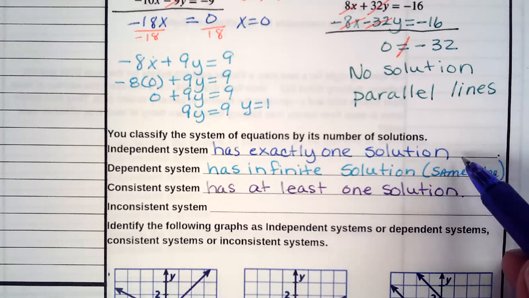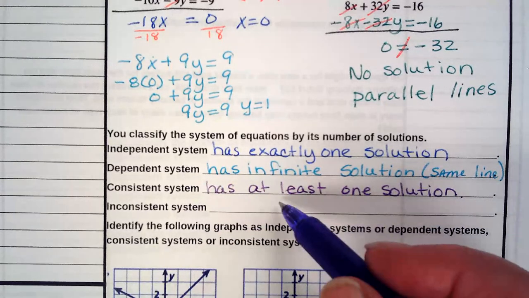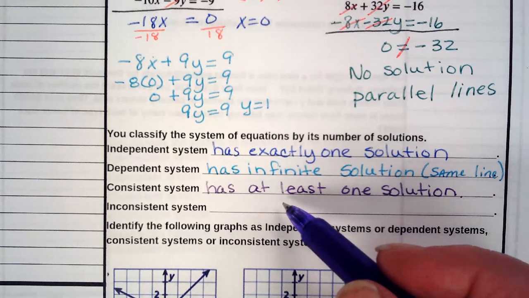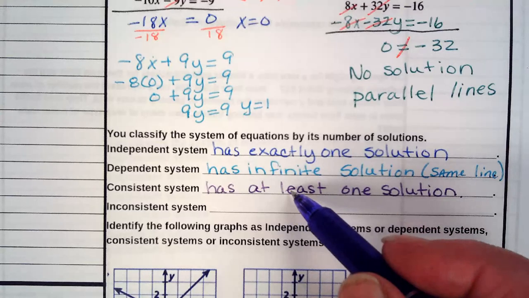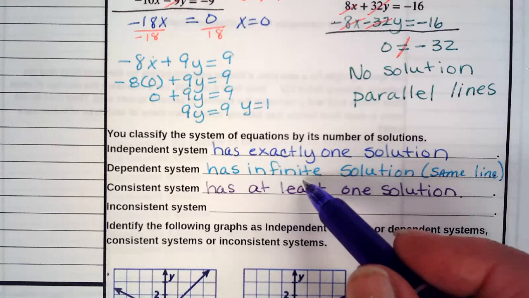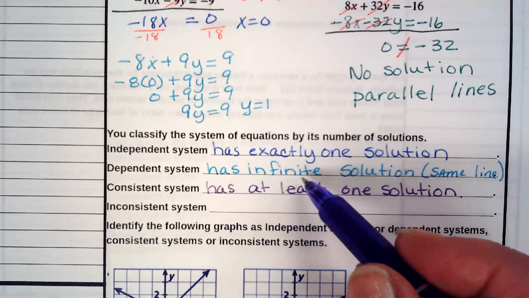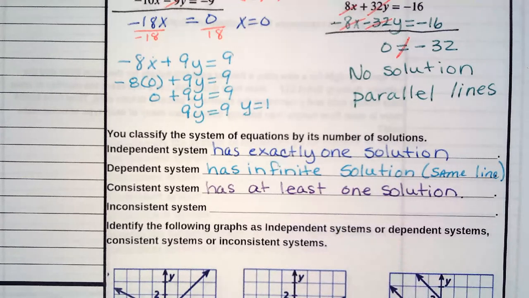If it has exactly one solution, it's independent, but it will also be consistent because it has at least one solution. So the system will be independent and consistent. What about dependent? Dependent has an infinite number of solutions. Consistent has at least one. So a dependent system is also consistent because it has at least one.